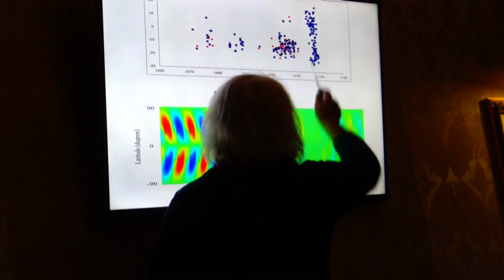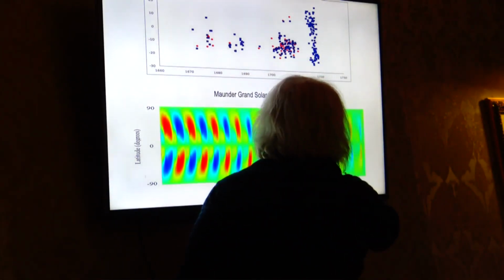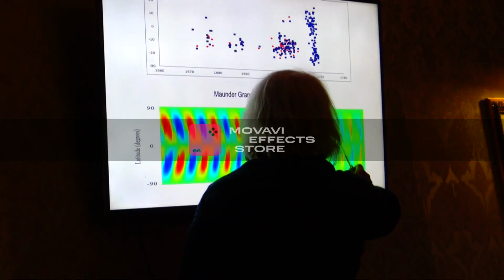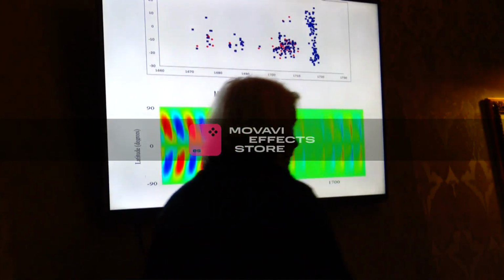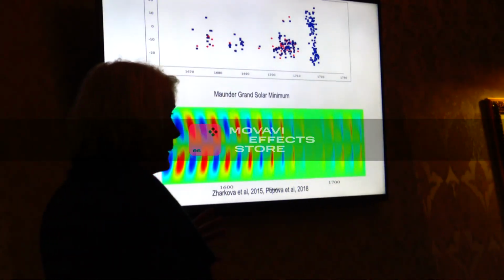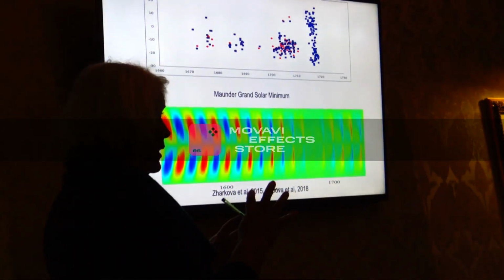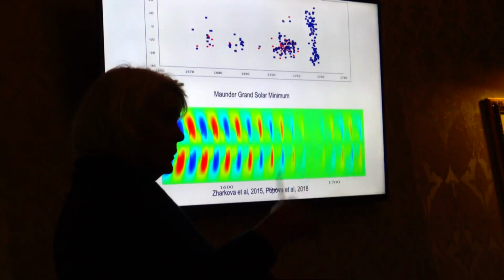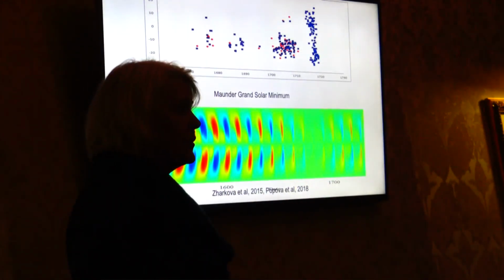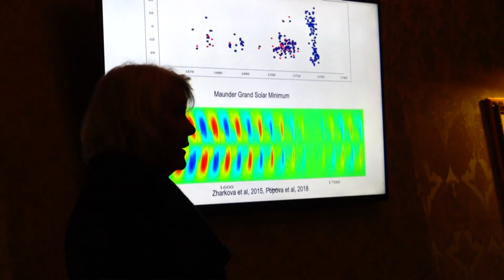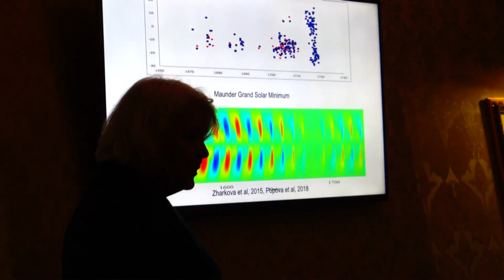And you see 1720, 1720, we have this blink. 1700, we have 1700. So basically, when you put in the clean curve, clean from noise and contribution from other sources, we could reproduce pretty closely even the butterfly diagram during the grand solar minimum.